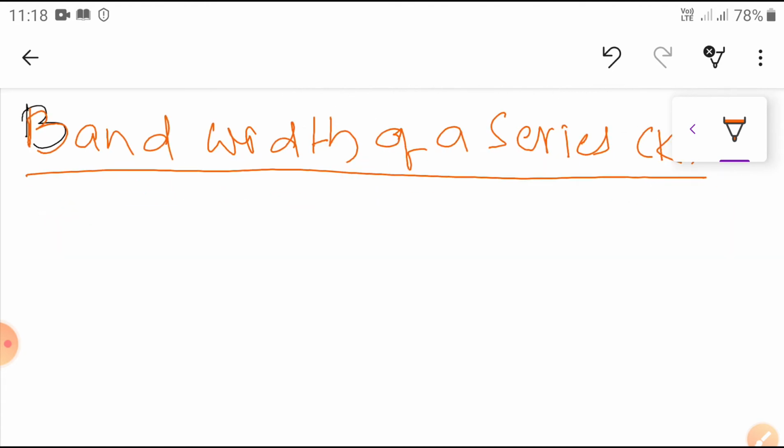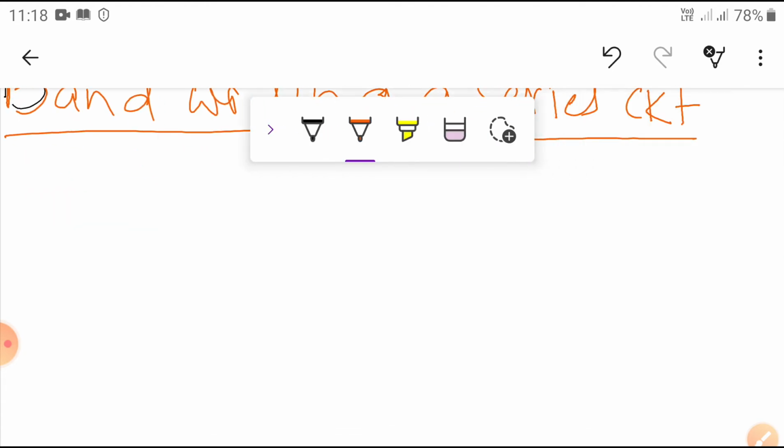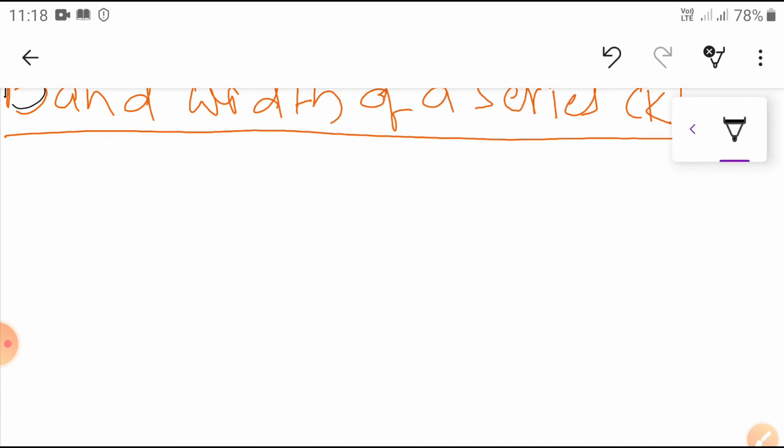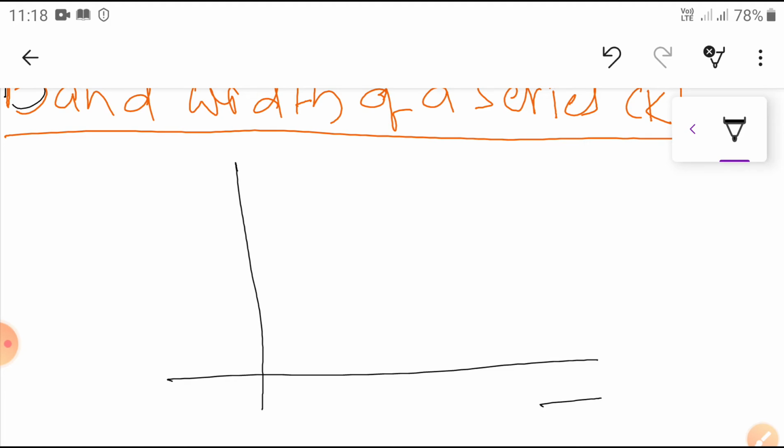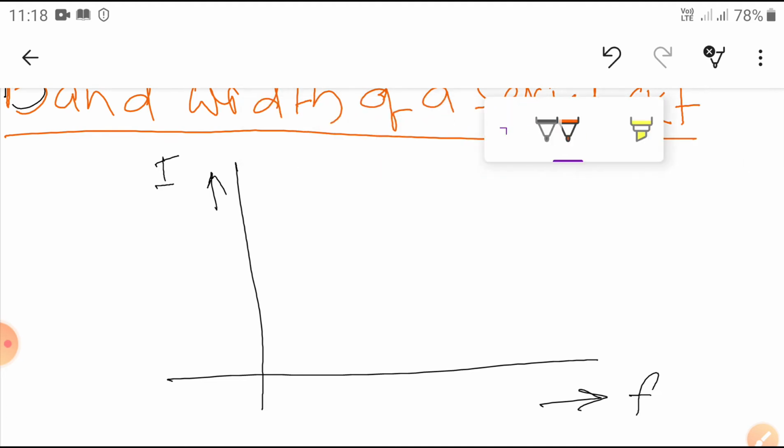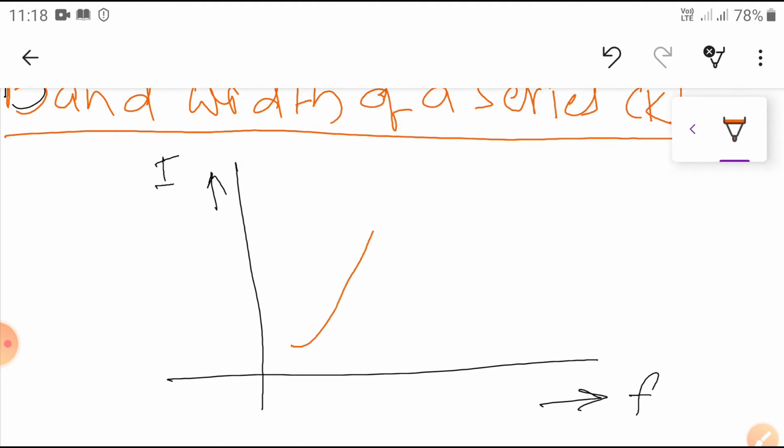So let us see, for example, you can draw a graph. The x axis is frequency, and the y axis is current. This is the resonance frequency, and this is the bandwidth.